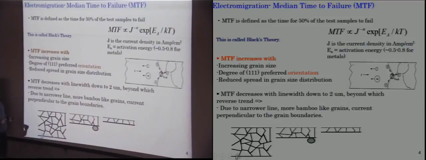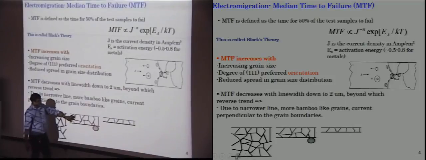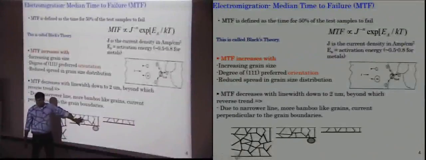So in a way, it is the time required before a void grows or a hillock grows and discontinues the whole current flowing through it. Okay, so in this case, you can see there are a lot of grain boundaries, so you'll have a lot of electromigration, but the width of the wire is pretty high, so current density is less. Here, of course, you would expect it to be worse because the current density is much higher now, and therefore grain boundary electromigration effects are higher.